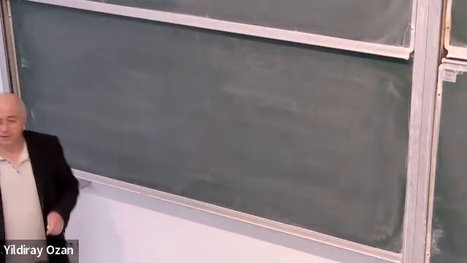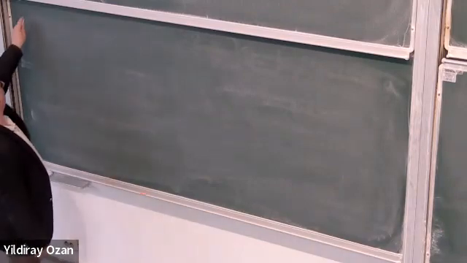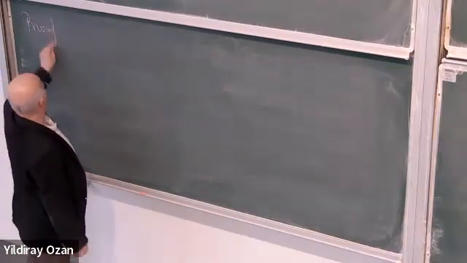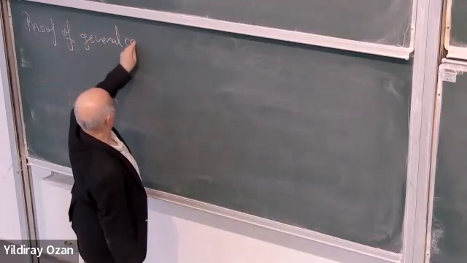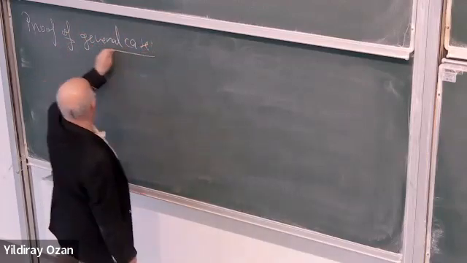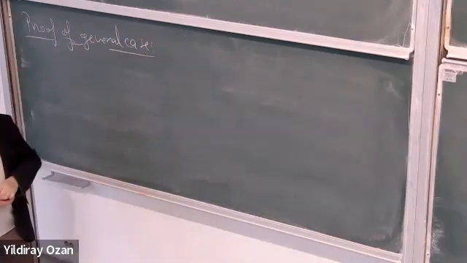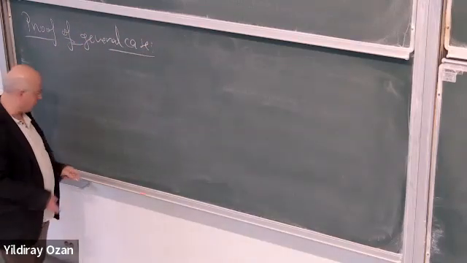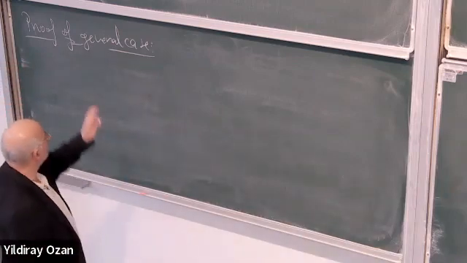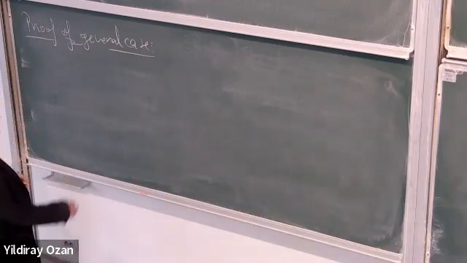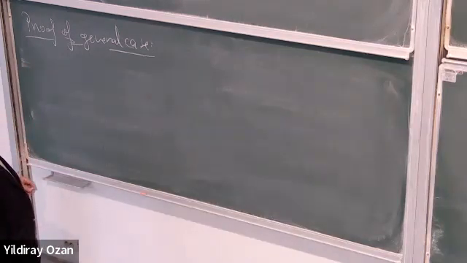How do you prove this? So, proof of the general case. In the book, there is a proof using tensor notation, exterior powers, exterior products, but let me give you a simple proof.